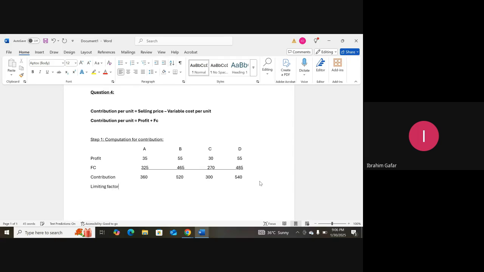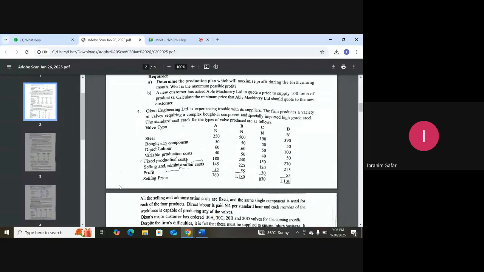From this question, we have to check what is going to be our limiting factor. If you remember, your limiting factors are those things that can hinder or will not make your operation go smoothly. That's what they mean by the limiting factor.